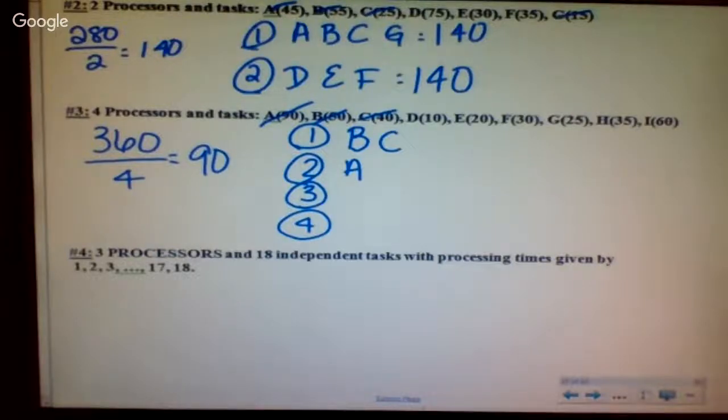F and I. And then D, E, G, and H. Does that equal 90? Yeah, 90 square on the dot. Okay, so we have no idle time again.